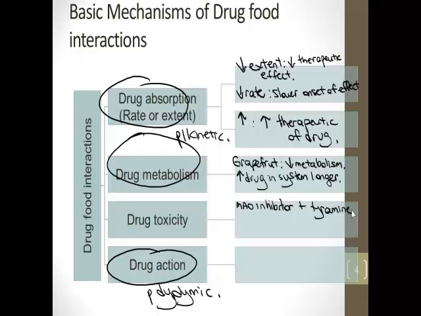The MAO inhibitor allows tyramine to be converted to norepinephrine. So an increase of norepinephrine means an increase of cardiovascular toxicity effects: an increase in heart rate, heart contraction, and stroke volume, and then it leads to cardiovascular events.